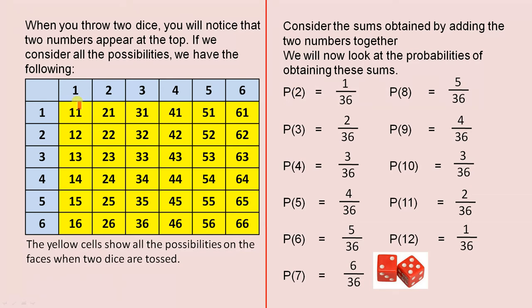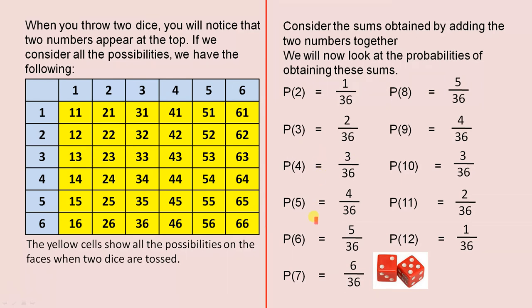So there's only one of those, so that's 1 over 36. The probability of throwing a 3: it's a 2 and a 1 or a 1 and a 2, so that's 2 over 36. The probability of throwing a 4 is 3 over 36, because 3 and 1, 2 and 2, and 1 and 3.